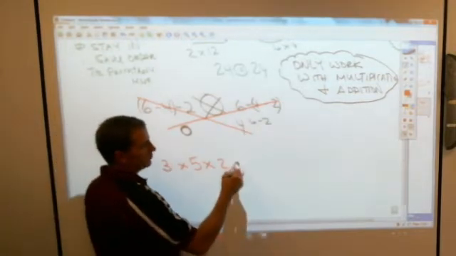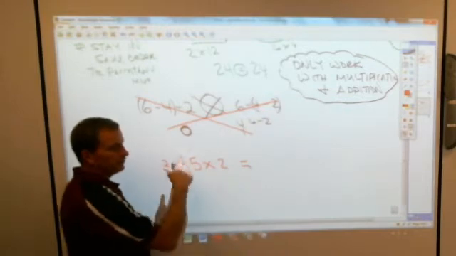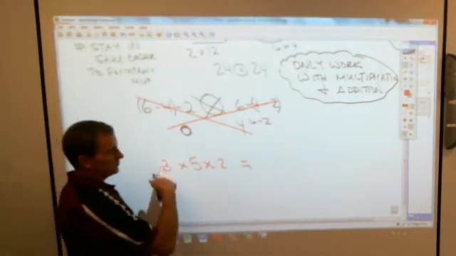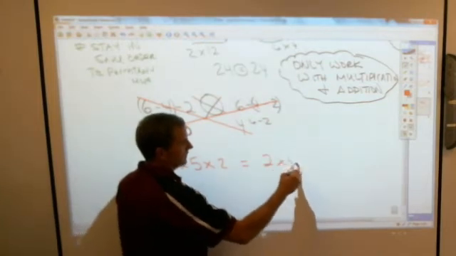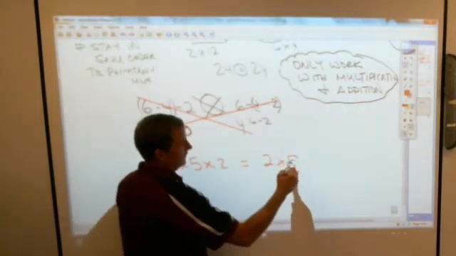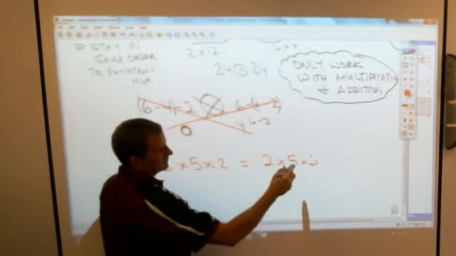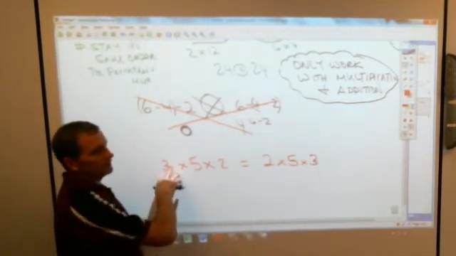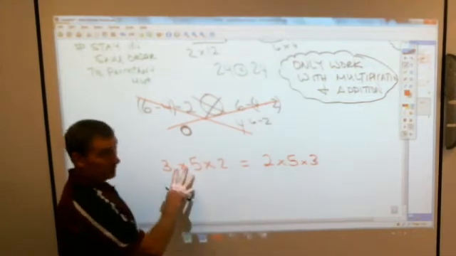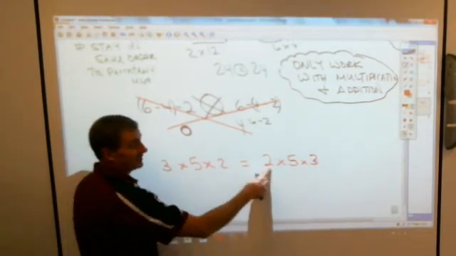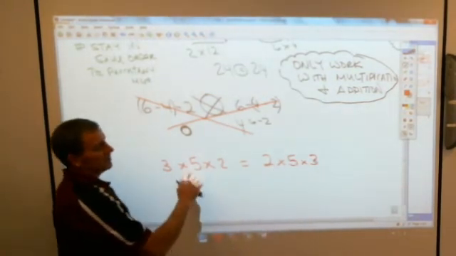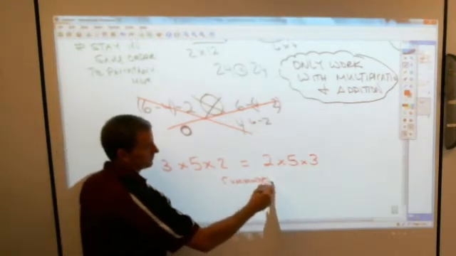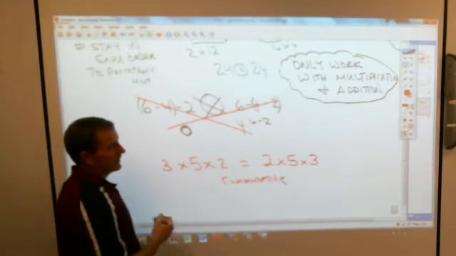The commutative property says that you can actually move the numbers to new places. In other words, I can move the 2 and switch it with 3 and get 2 times 5 times 3. The numbers have moved, they commuted. There are no parentheses here, and the numbers are not in the same order. Not associative property, this is commutative.